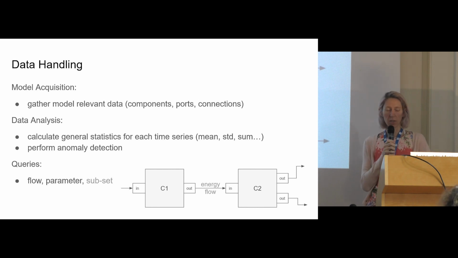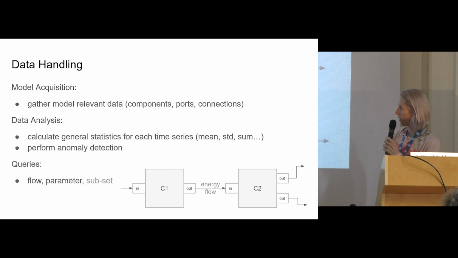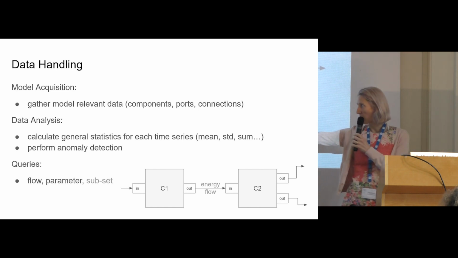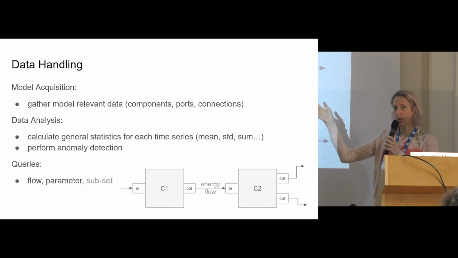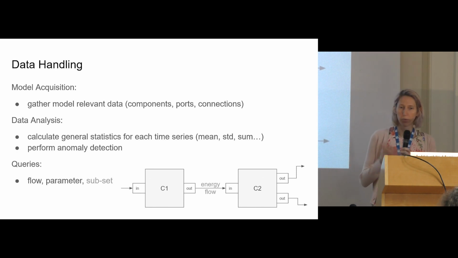Each component has inlet ports and outlet ports where the energy comes and goes, and components are connected by an outlet port and an inlet port. So you can see here a component connected to a second component, and in between energy flows. As I mentioned before, that can be heat or pressure or something like that.